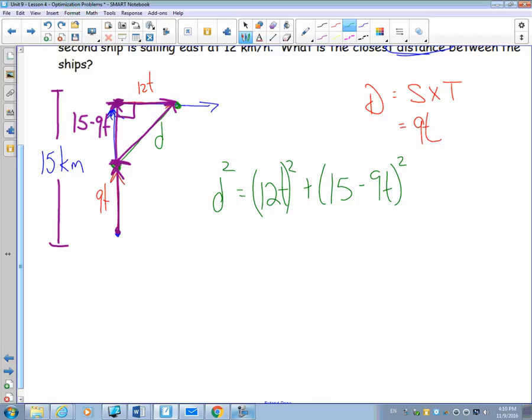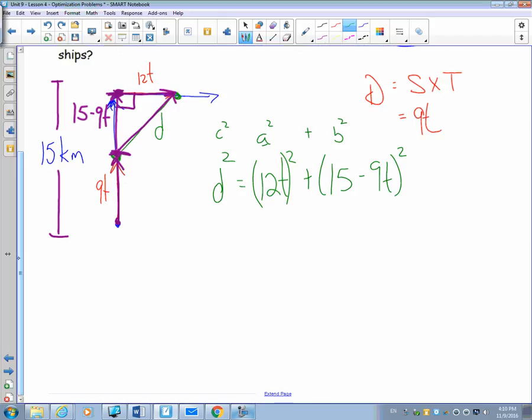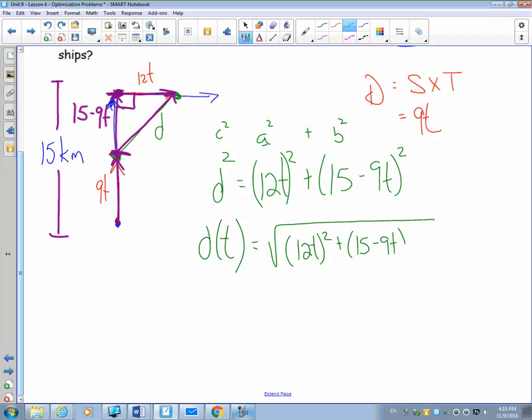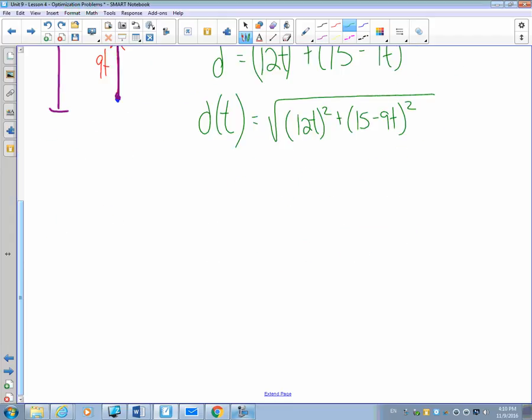In other words, Pythagoras: a squared plus b squared equals c squared. Now I want to minimize d. I want to find the closest distance. So I want to take derivatives. I want to figure out my relation of d in terms of t, not d squared. So really, I need to take the square root of all this stuff, and then I need to figure out where my derivative is 0. I want to minimize it.